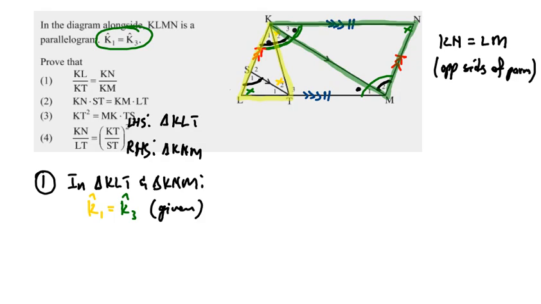Then the next angle is angle L. We know this one is equal to angle N, and this comes from the properties of a parallelogram. So we will say opposite angles of a parallelogram.